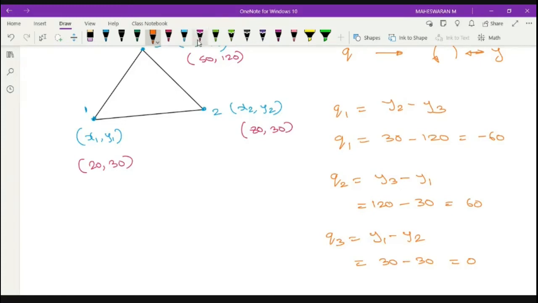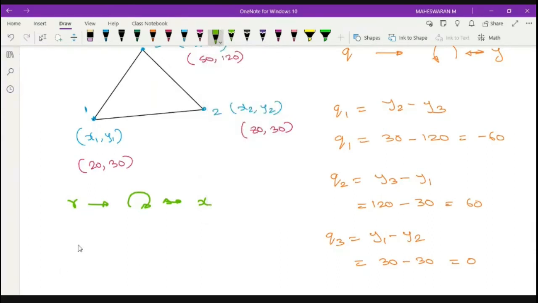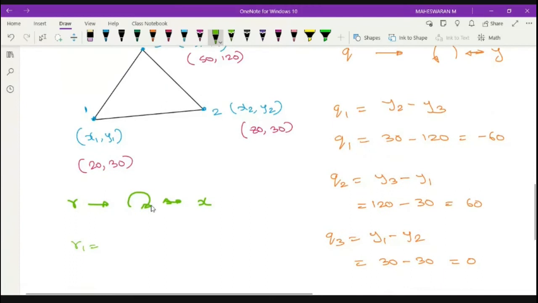If I move for R, R is in clockwise direction and you have to consider only the x coordinates. So for R1, going clockwise, X3 minus X2, which is 50 minus 80, equal to minus 30.